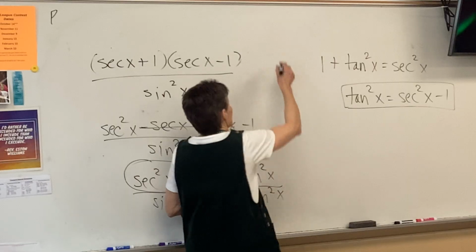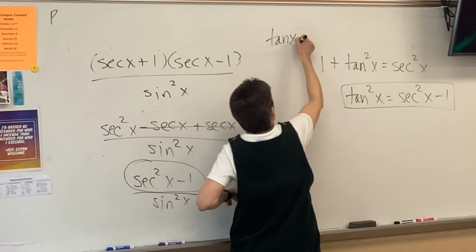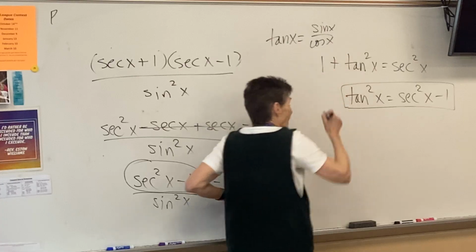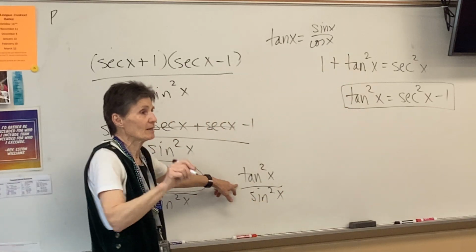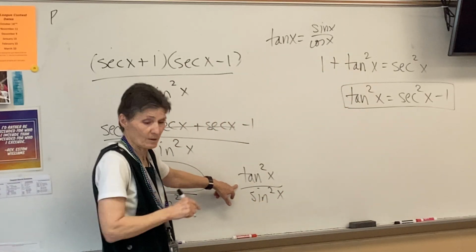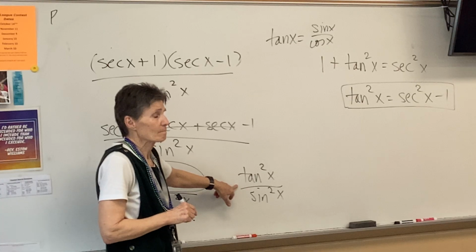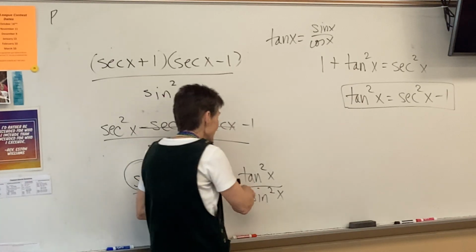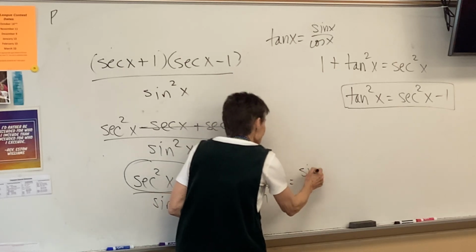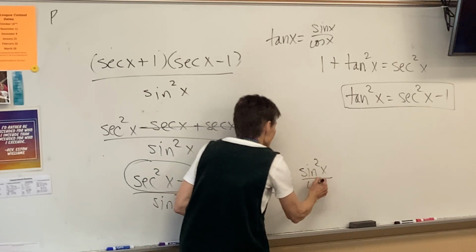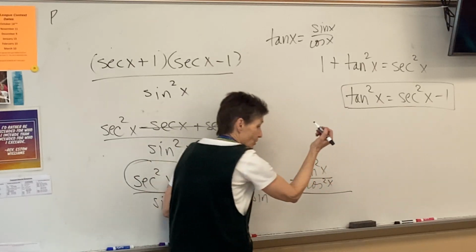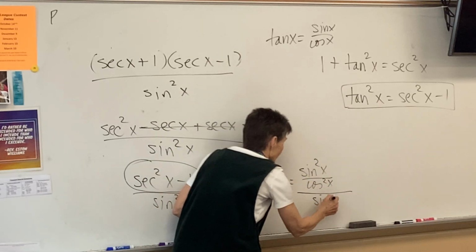Tangent is sine over cosine. I think we already knew that, but I'm going to add it to the sheet anyhow. So this is sine squared over cosine squared, over sine squared.